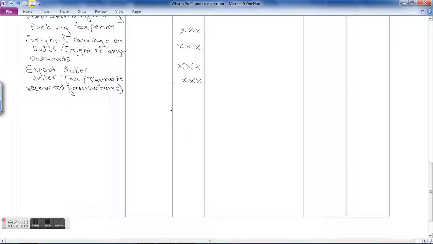Then there may be some vehicle maintenance expenses.